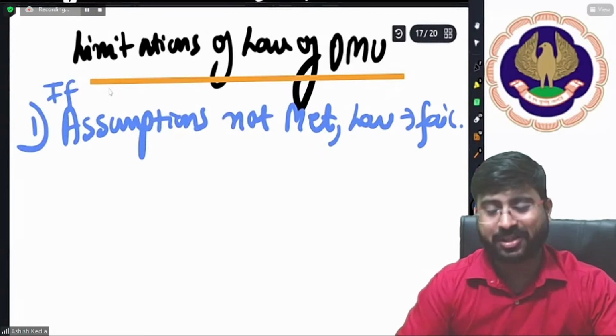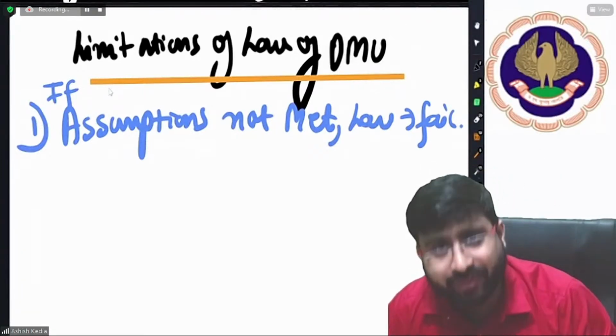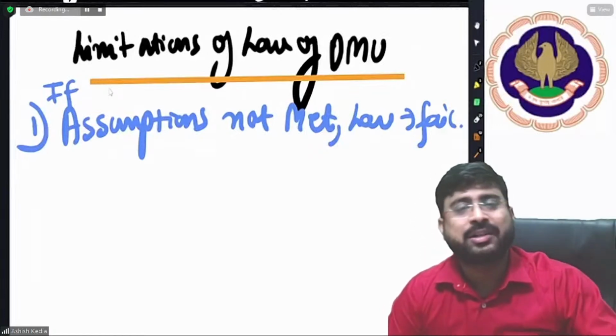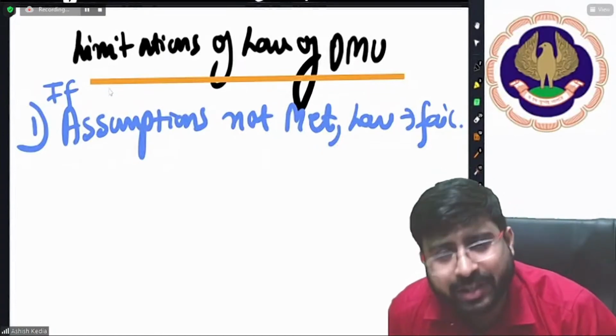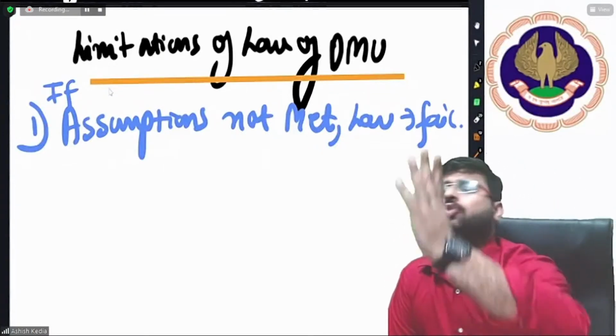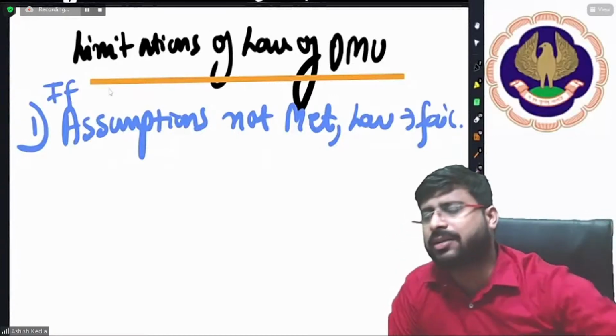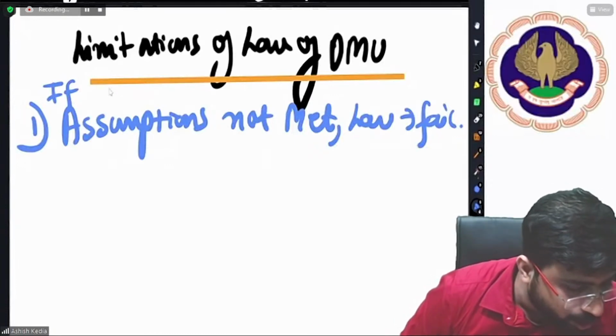There were many assumptions. Now you all remember there should be continuity in consumption. A break, if necessary, should be very short. Then what did we study? That the utility is measurable in terms of money, right? Goods should be of standard size. There were so many assumptions. So even if one assumption fails, this law will fail. So this is number one limitation of this law.